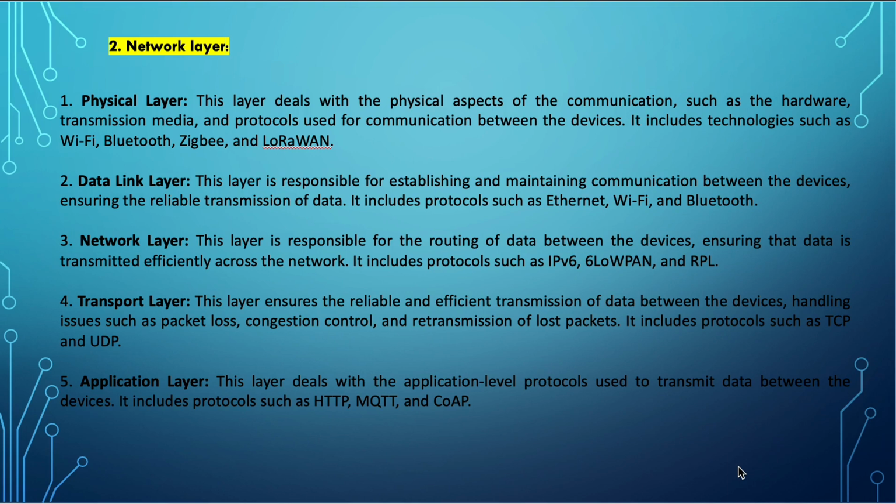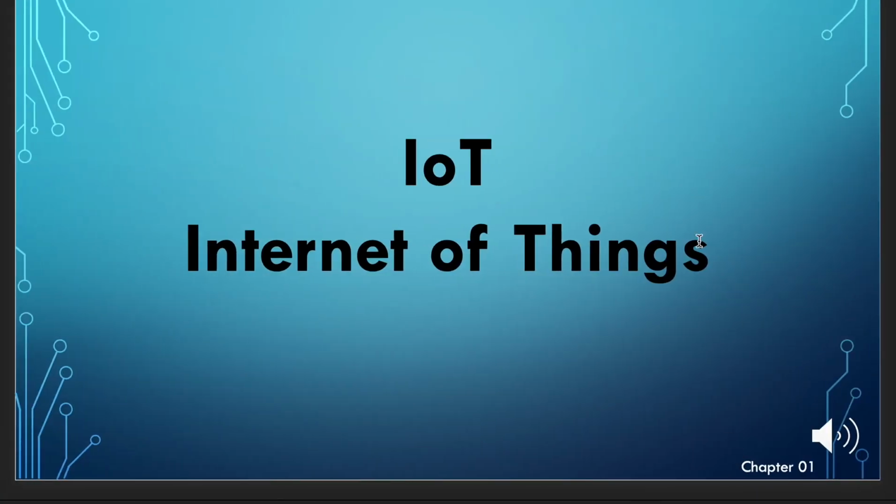This is the fifth lecture on IoT, and we stopped at the network layer last time. Before talking about the network layer, let's refresh our memory of what we have learned thus far, and then we will go on to the subject matter. So initially we talked about IoT.